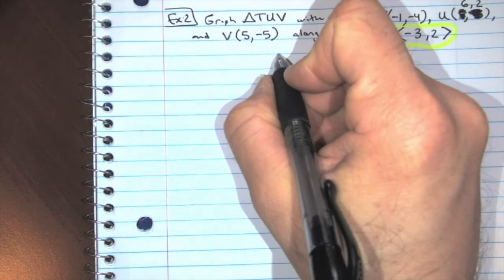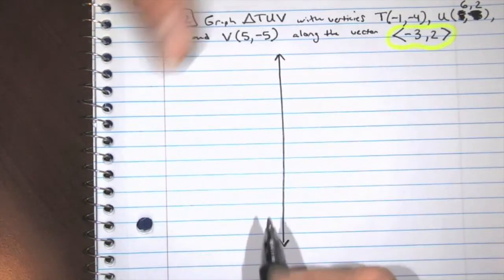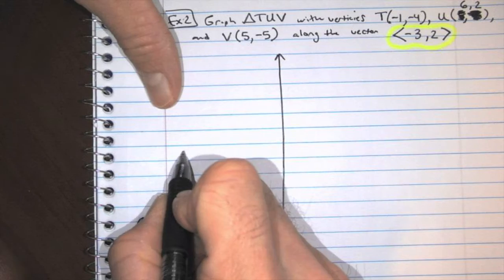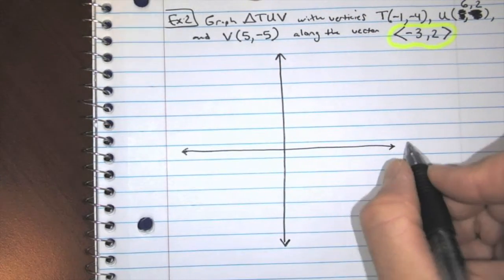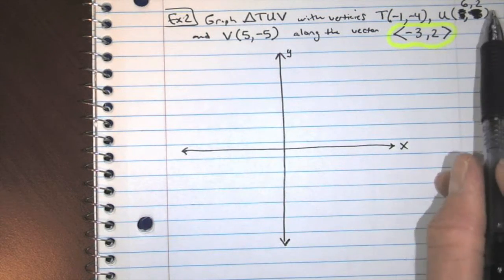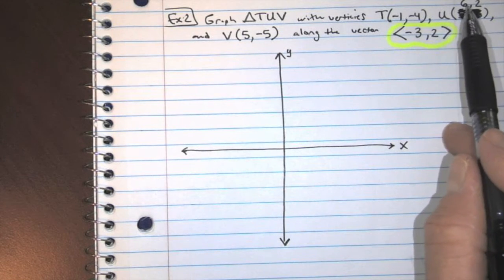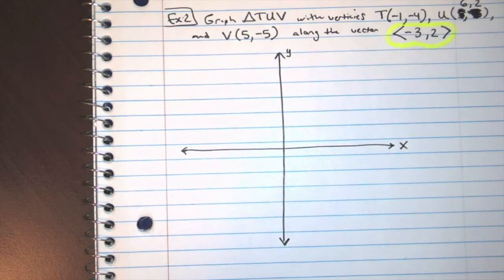All right, let's get started. I'm going to draw an XY axis. If you have graph paper, go ahead and use that. But I'm just going to create my own XY axis. All right, my points. I'm seeing that the biggest number is 6 and the smallest number is -5, so do we need to go out 6 on all points?